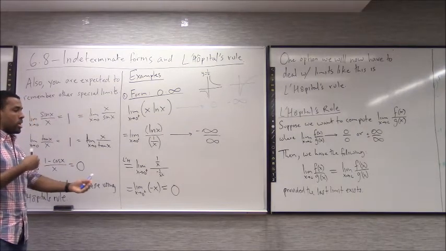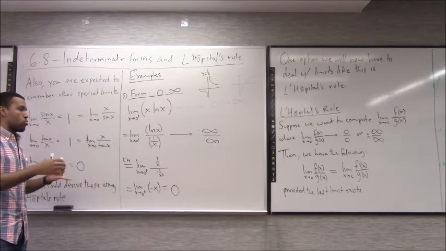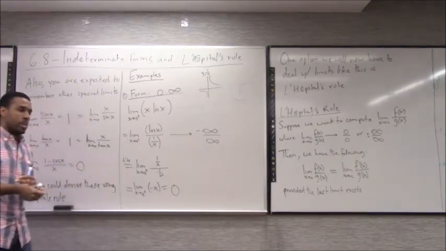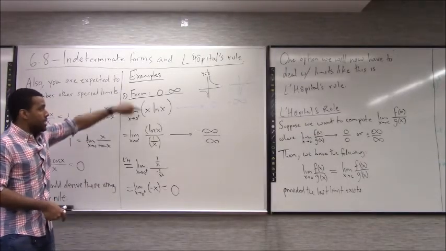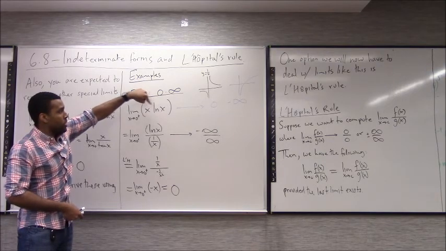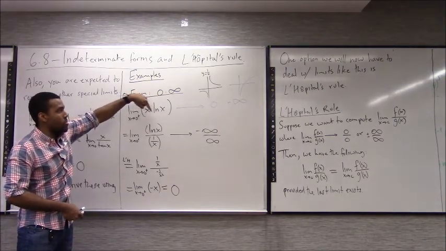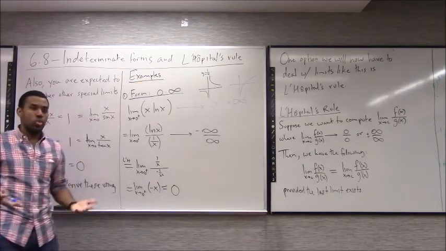Back in Calc 1 they would have told you how functions behave in relation to each other, like the fact that exponentials go much faster than polynomials, and polynomials go much faster than logarithms. If you have these two functions battling it out, the polynomial will approach 0 a lot faster than the logarithm approaches infinity, and that's why in this case the 0 wins.